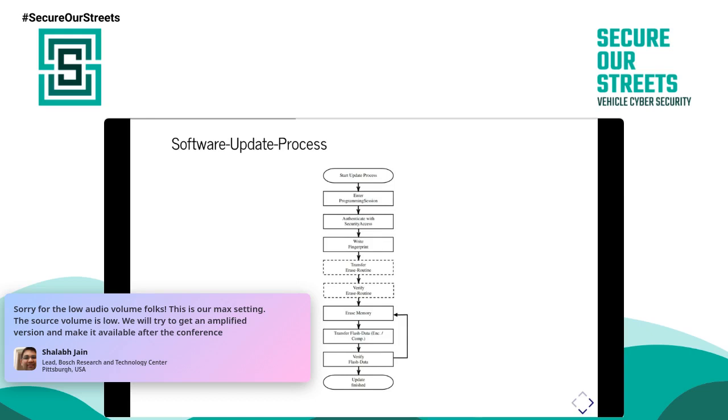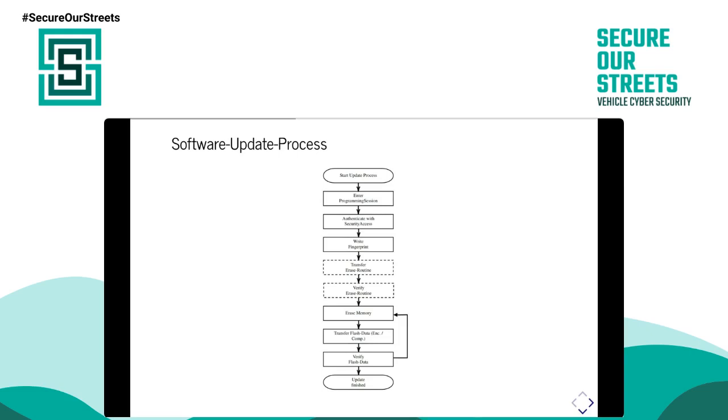And every one of these states here is usually encoded in the firmware as a specific system state. So we have a state machine implemented in the background, and we need to follow the right order of commands in order to do a successful software update, which means as a researcher, we need to respect the system states in order to perform any tests on our software update.